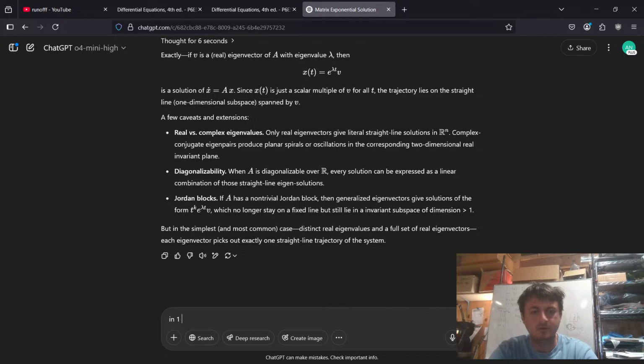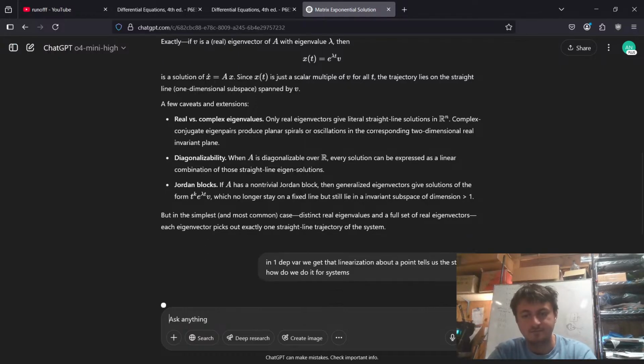In one dependent variable, we get that linearization about a point tells us the stability. How do we do it for systems?